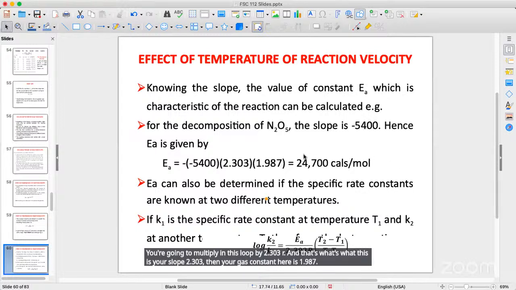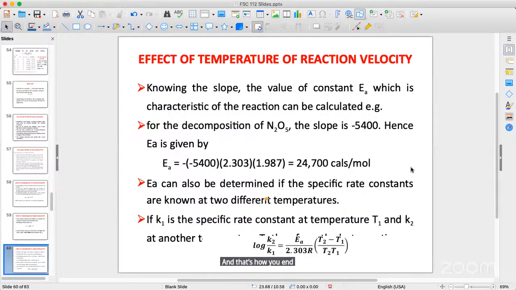And that's how you end up with that 24,700 cal per mole.